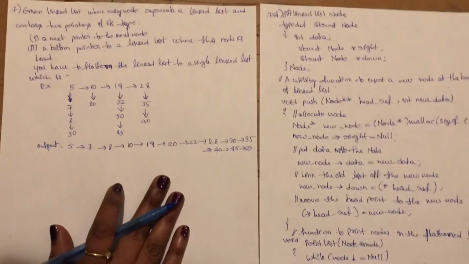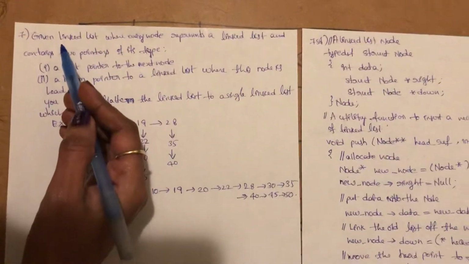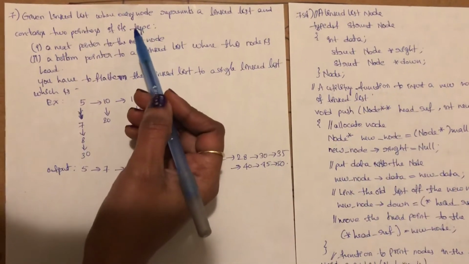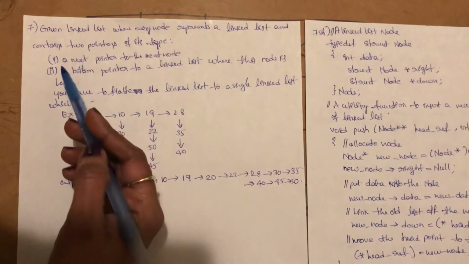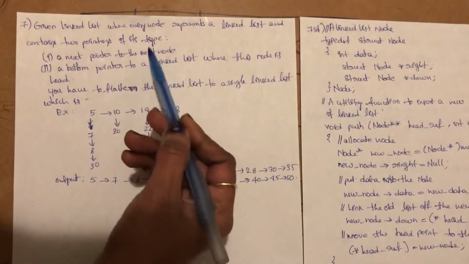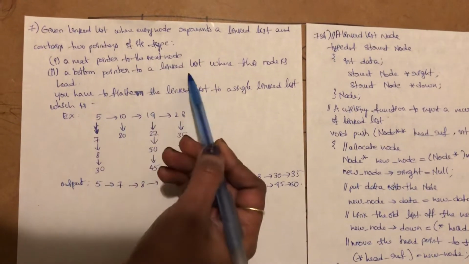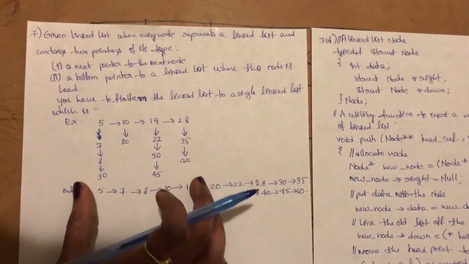Here, the problem is given a linked list where every node represents a linked list and contains two pointers of its type: a next pointer to its next node, and a bottom pointer to a linked list where this node is head. We have to flatten this.